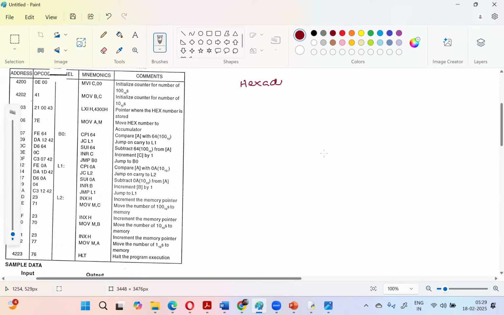Assume the number is FF in hexadecimal, and we have to convert it into decimal. For that FF, we are getting the decimal value 255.